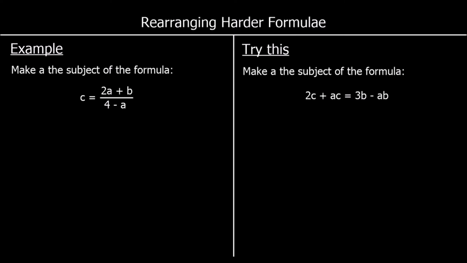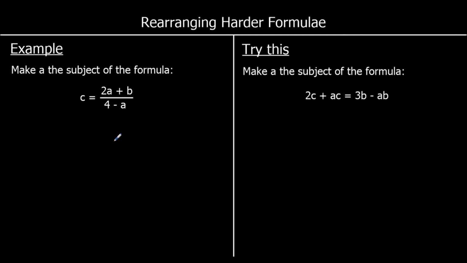Okay, rearranging formula. This question says make a the subject of the formula, which means get a by itself. So the first thing we're going to do in the first question is multiply both sides by 4 minus a. So we want to get rid of the fraction. A fraction is like a divide. So to get rid of a divide, we multiply.